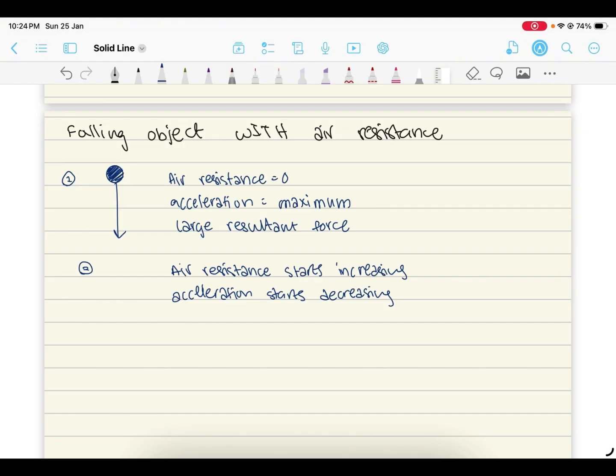You can say over here, if this is the force in the beginning, and then this is your weight force, right? And slowly air resistance starts increasing. Weight will stay the same, but because of that the resultant force will obviously decrease a bit.